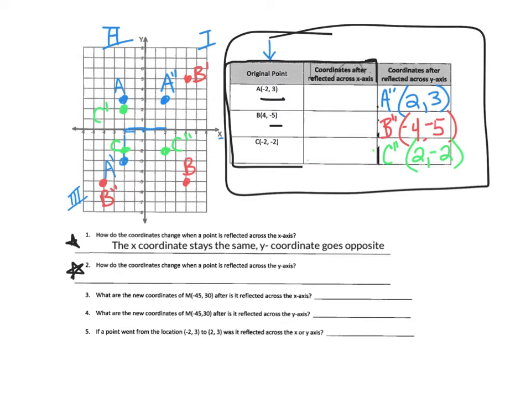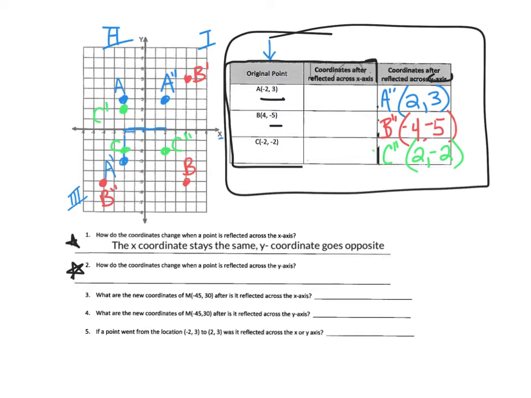And point C went from -2, -2 to being at 2, -2. So this time, when a point is reflected over the y-axis, the y-coordinate stays the same and the x-coordinate is the opposite.